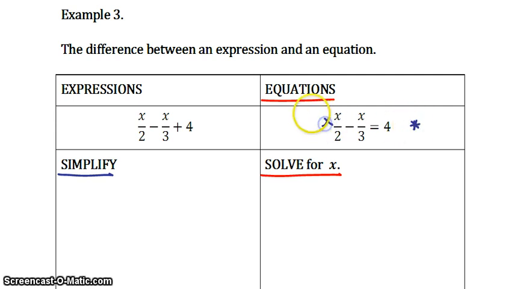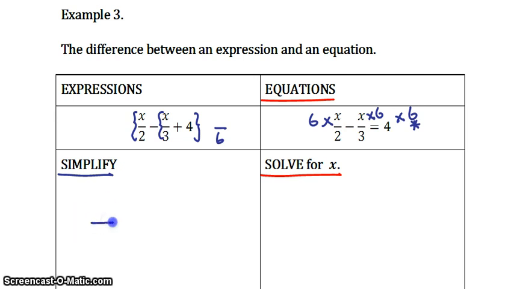So I may multiply each of those terms by 6, because in an equation, as long as you do the same thing to both sides, that's fine. In an expression, you can rewrite each of these fractions with a denominator of 6. You can't multiply. So if you're simplifying an expression, your denominator doesn't magically disappear.